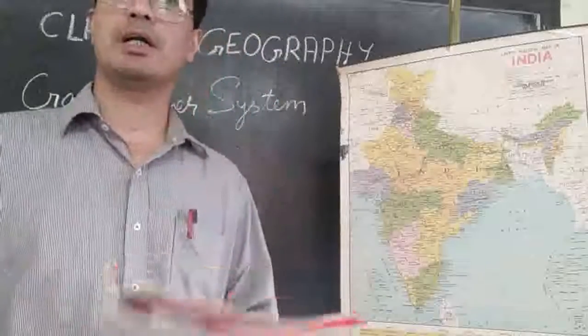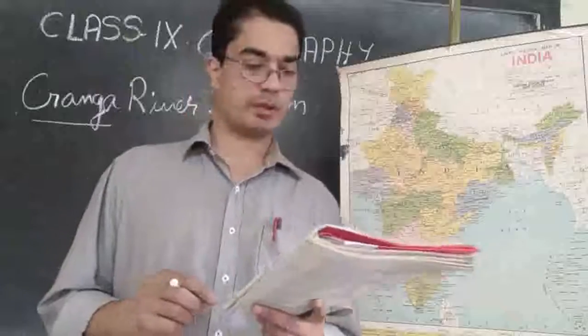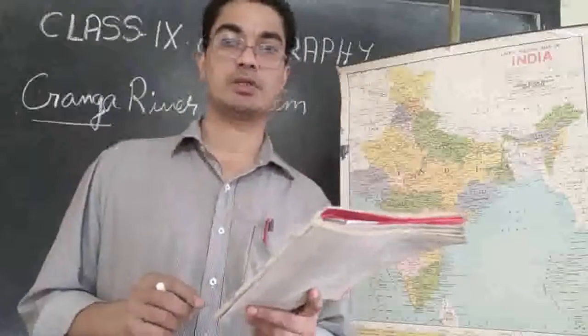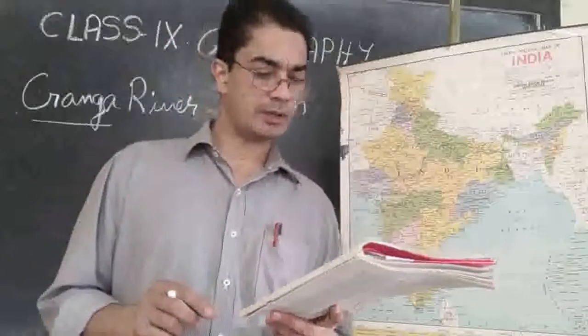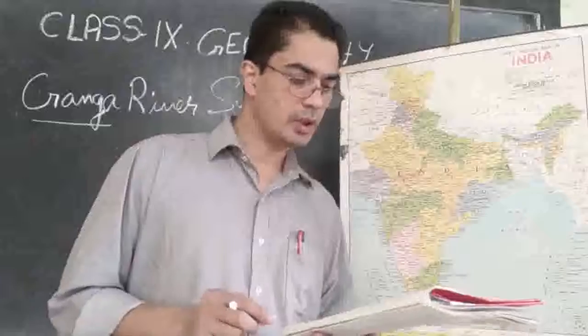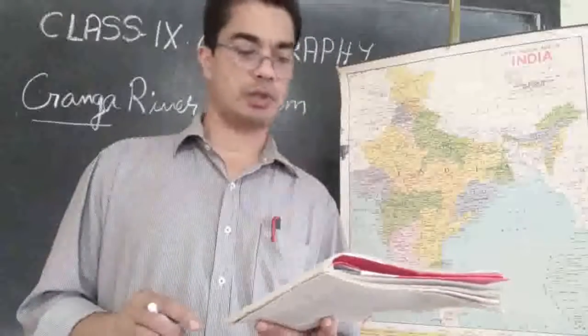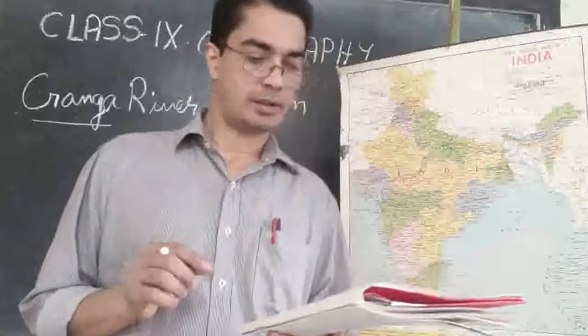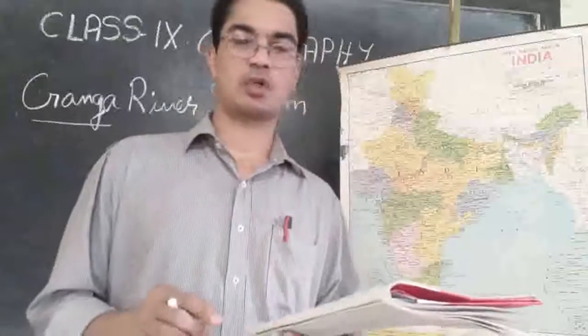Then the Ganga is joined by many tributaries from Himalayas. So there are many tributaries, a few of them being major rivers such as Yamuna, the Ghaghara, the Gandak, and the Kosi.